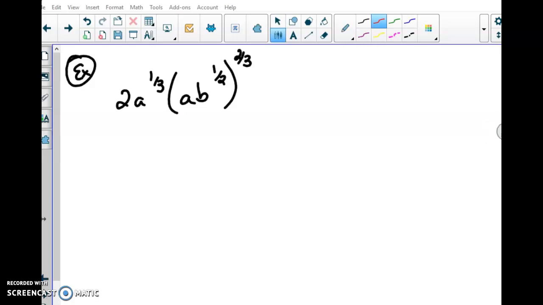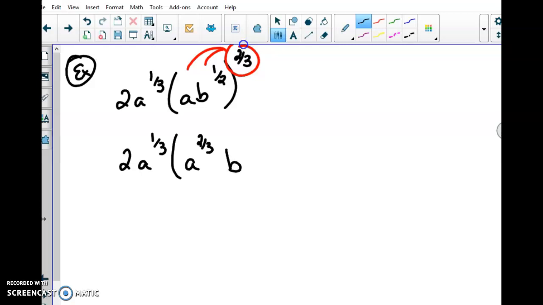So I'm going to work with that 2/3 first. Since it's on the outside of the parentheses, it goes to the a and the b. So I have 2a to the power of a third, in parentheses, a to the power of 2/3, b to the power, so it's raised to another power, so we're going to multiply those exponents of a half and 2/3, which results in a third.